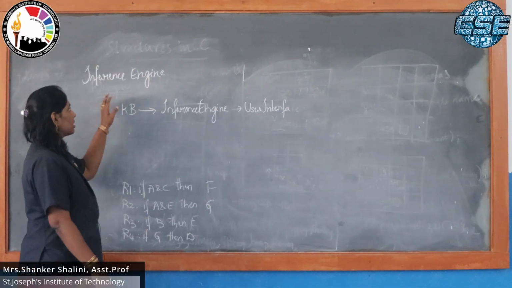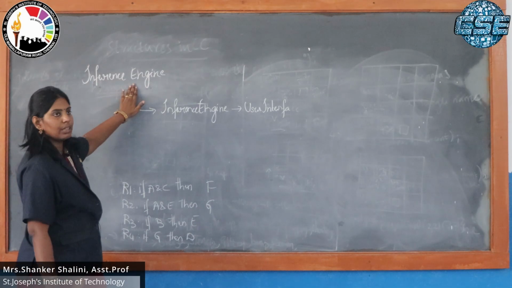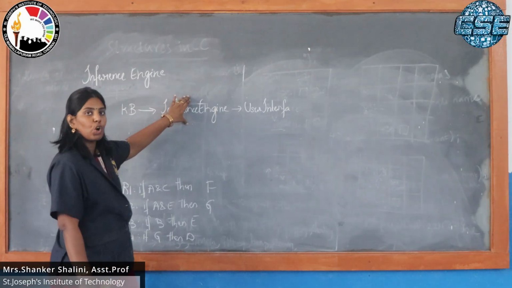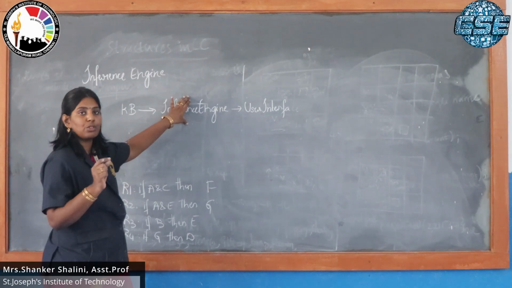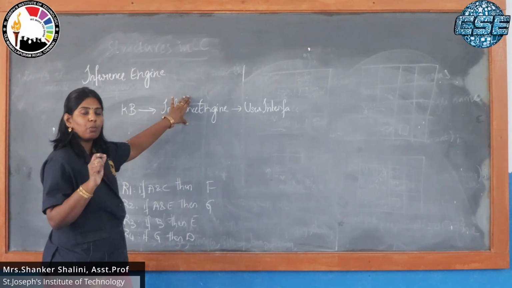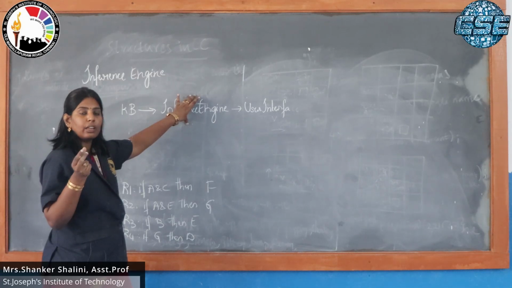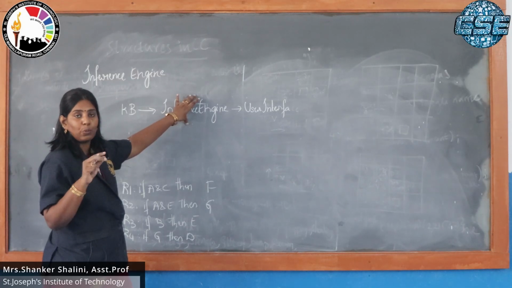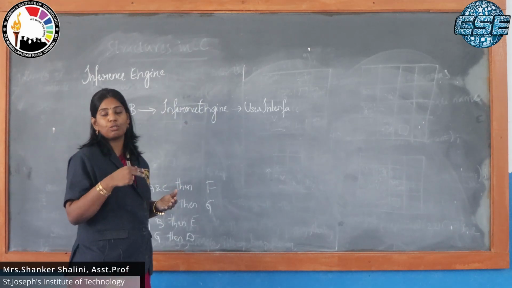So here this is the inference engine. The inference engine is a component in artificial intelligence which is used in intelligent systems. The inference engine collects the logical rules and applies them to the knowledge base.